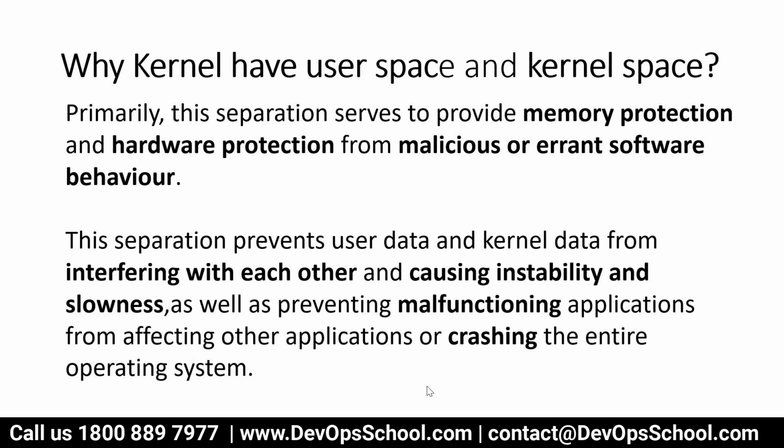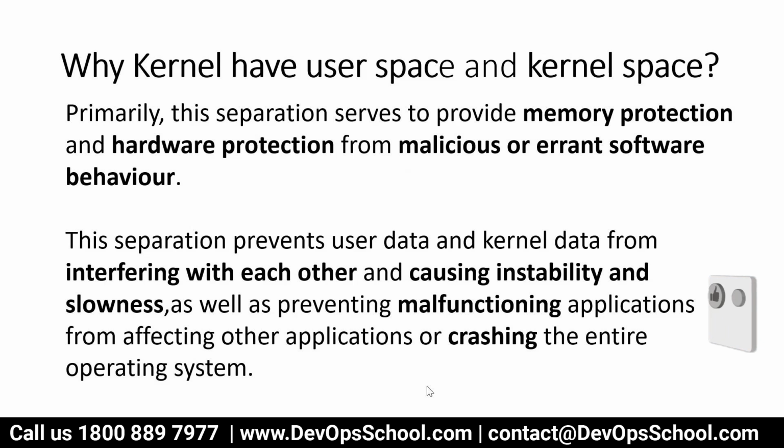So for that, the operating system has divided two areas: one is user, one is kernel. All the programs related to the operating system run in kernel space. All the programs you want to run go in user space. Primarily this separation serves to provide memory protection and hardware protection from malicious or irrelevant software behavior.